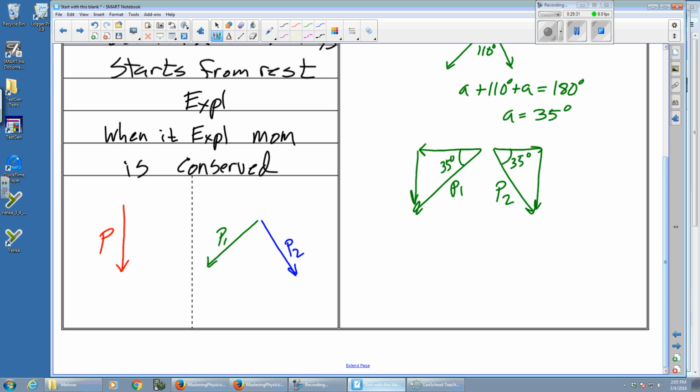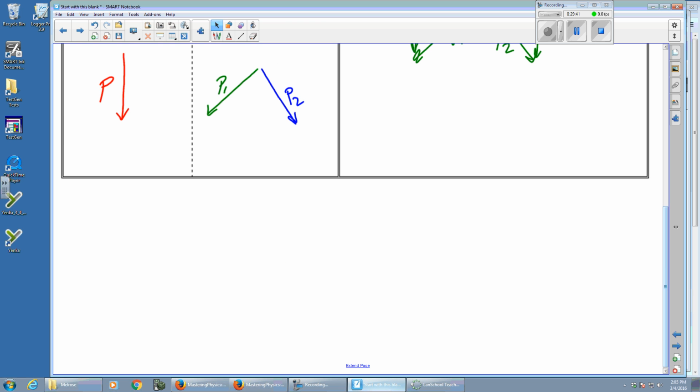The one other thing: how do I know how fast it was moving right before it exploded? You've got to think back to the beginning of the year. V final squared equals V initial squared plus 2A delta D. All the way back to that beginning of the year.